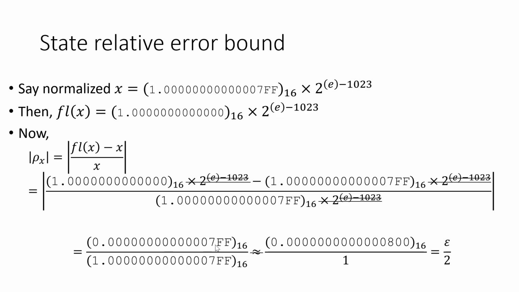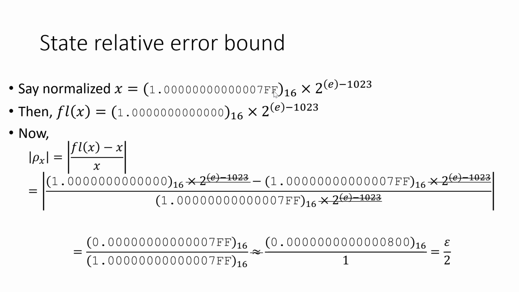And we're just going to have that 7ff way out there. And then we're going to divide by the true value, and it's just a significand that's left, the 1 followed by the zeros and the 7ff. Well, because this 7ff is so far out there, the denominator here is approximately 1. And if you notice, the 7ff there is approximately the same as 800 hex in that location. Right there, it's just 1 bit off.